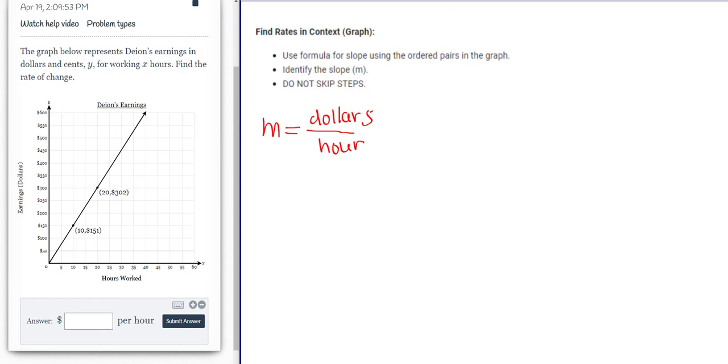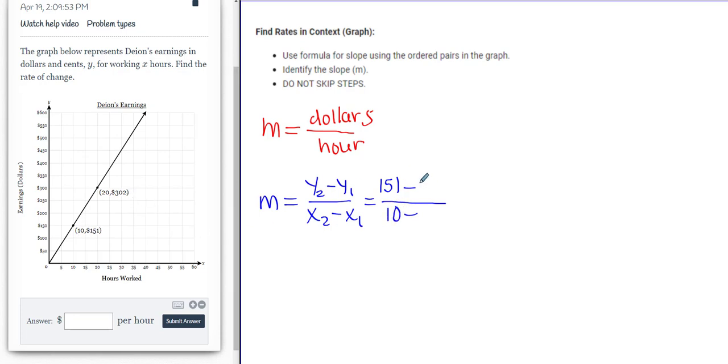So we got that. Now we're going to write out the formula for slope, which is y sub 2 minus y sub 1 over x sub 2 minus x sub 1. I like putting my subtract signs in here. Then I'm going to choose my first ordered pair: I've got 151 over 10.